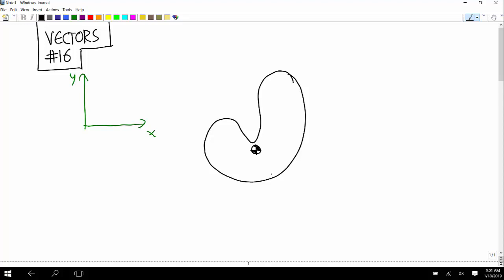You have a pin joint there, and a cable connected here that connects to the wall. It says this cable makes a 45-degree angle.